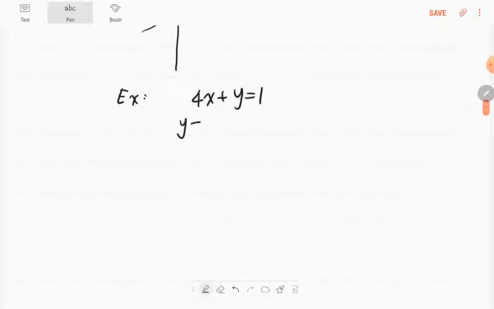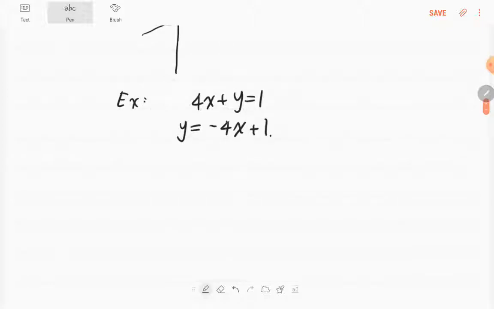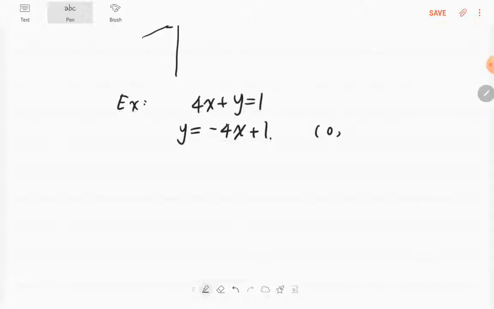It's just like solving for y, right? So it's negative 4x plus 1. Now we have switched this into the slope-intercept form. And from this one, we can get the y-intercept for this line: 0, 1. That's our y-intercept.